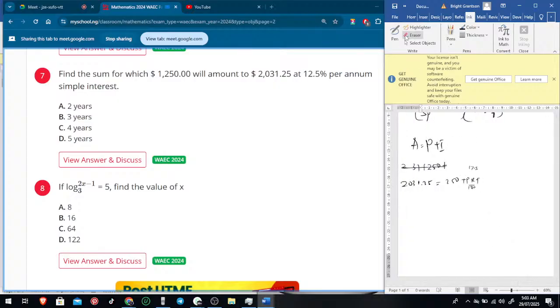It seems that this thing is too small. Let me select objects.